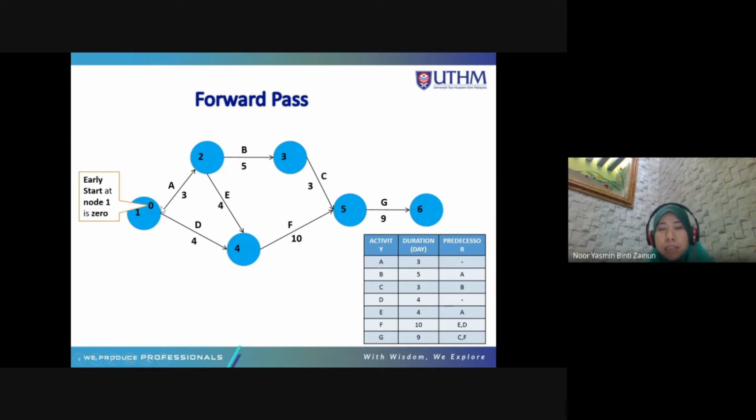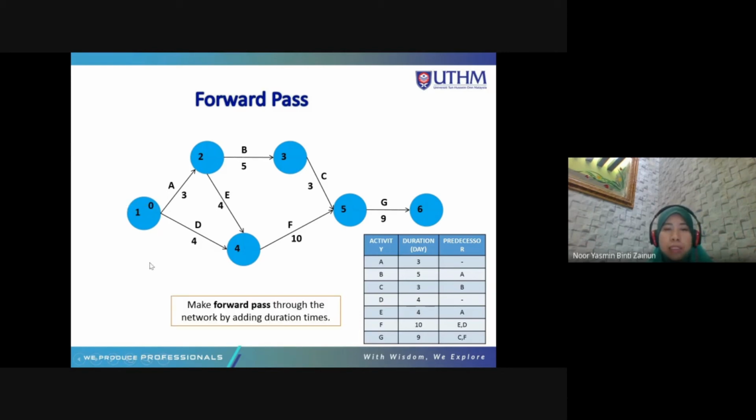This is the start point. So it starts with 0 and then 1, 2, 3 days. So 0 plus 3, the duration, forward pass, you will get 3.